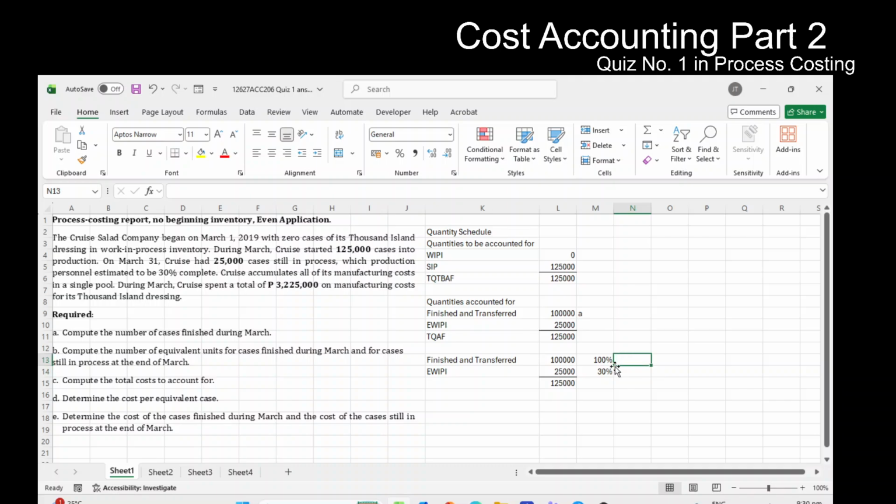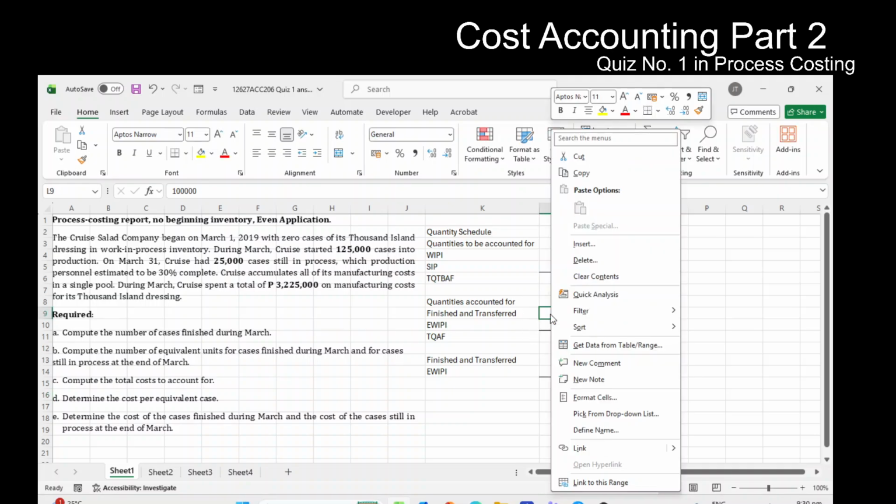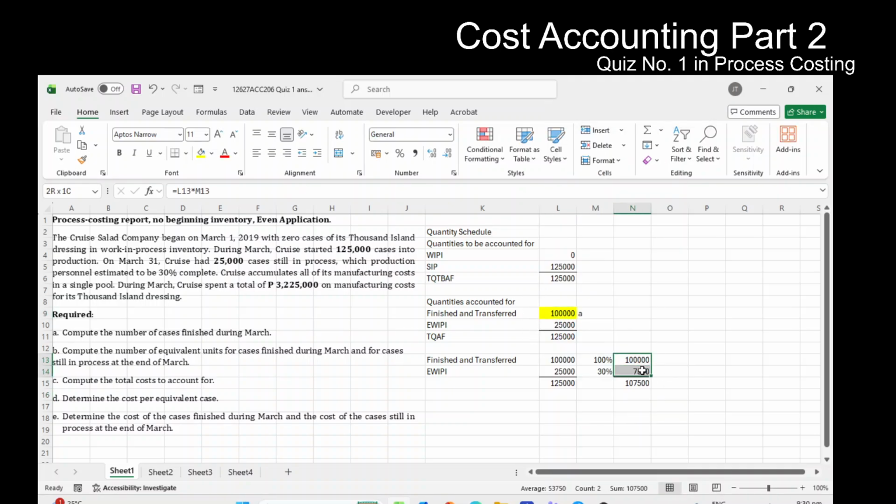We don't need to compute for the other things because it is even application. So we have 100,000 and 30% of 25,000, that's 7,500. The total EUP is 107,500. So for letter B, we have 100,000 and 7,500.